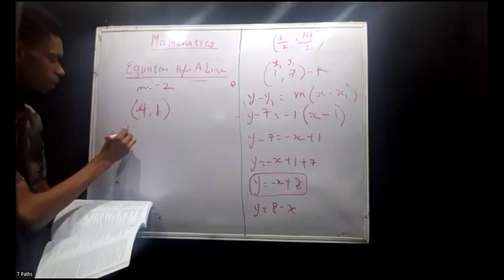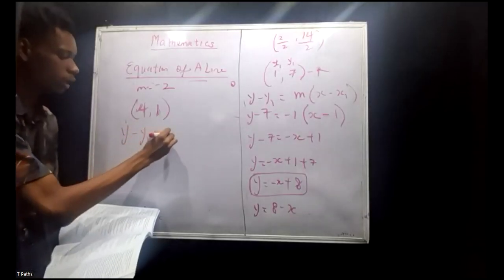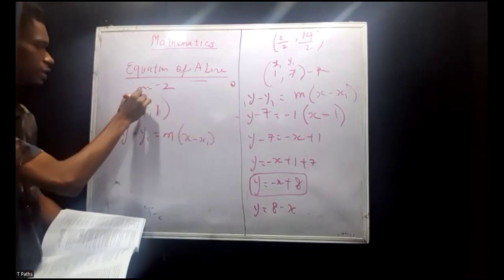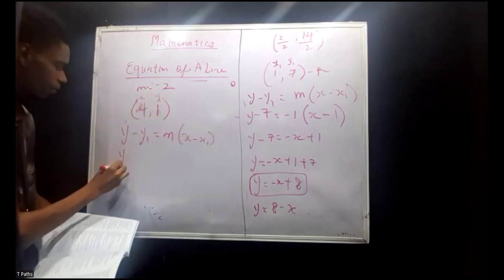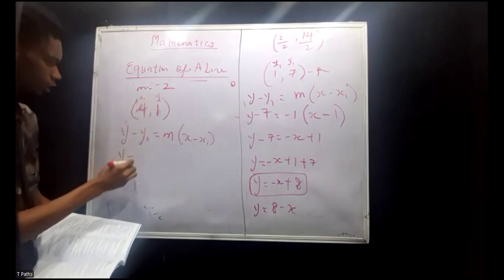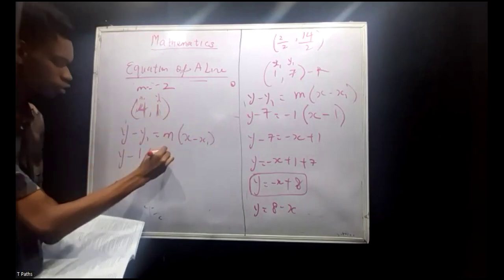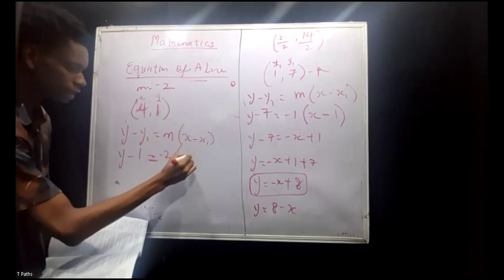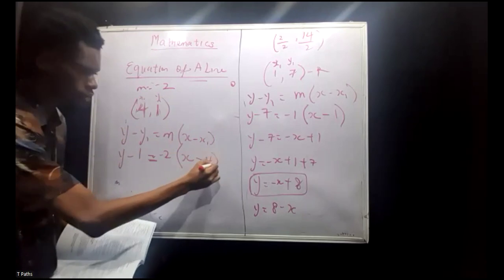So using the 1 point form, y minus y1 is equal to m x minus x1. So what is the value of this? This is x1, this is y1. Y minus y1, which is 1, is equal to m, which is minus 2, open bracket, x minus 4.